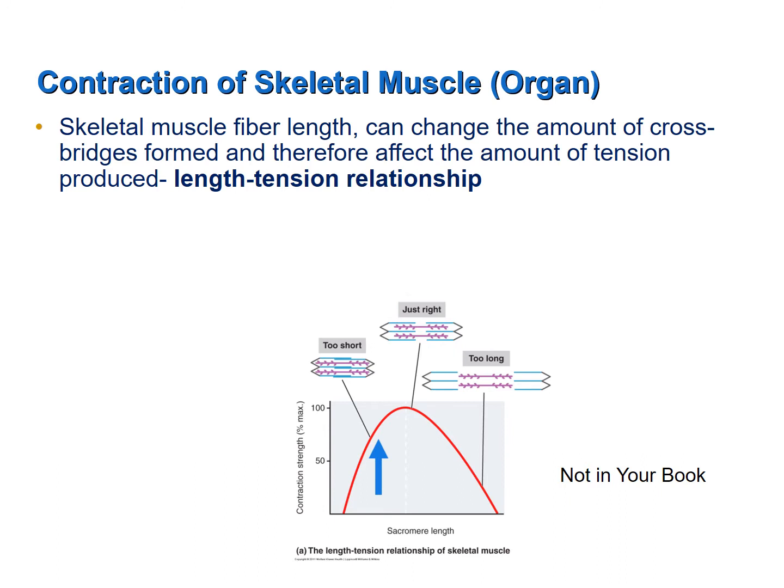On the flip side, as sarcomere length increases above optimum, there is less and less overlap between the thin and thick filaments, and therefore there is also a drop in contraction strength. You can demonstrate this length-tension relationship by performing a biceps curl.